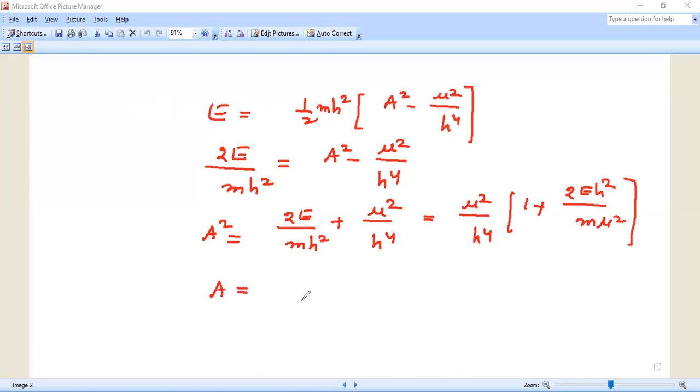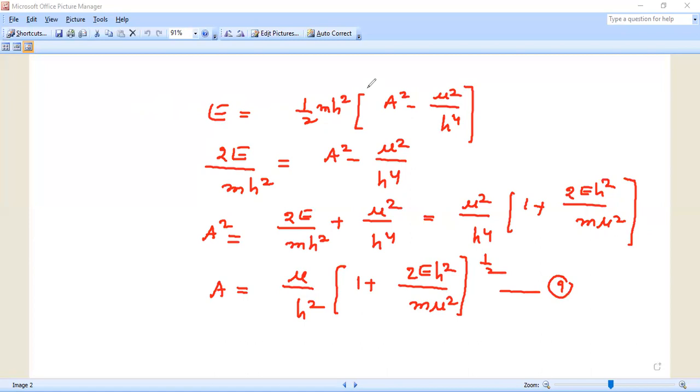Therefore, a is equal to, taking square root on both sides, mu by h square into 1 plus 2E h square by m mu square, whole power of half. Okay, this is equation 9.